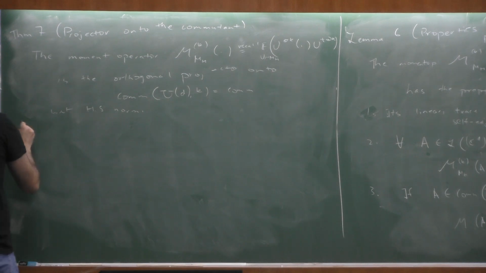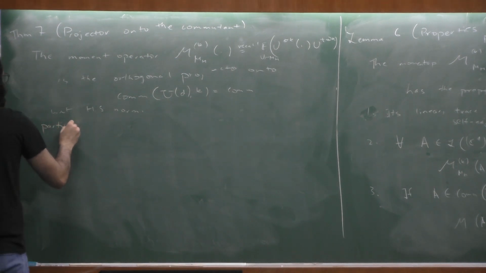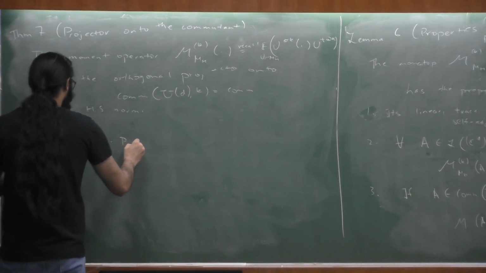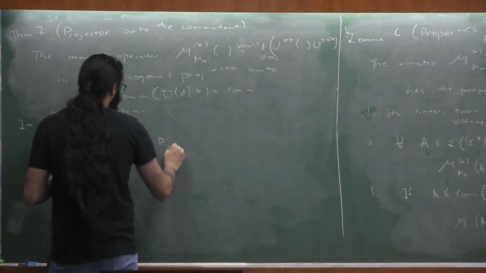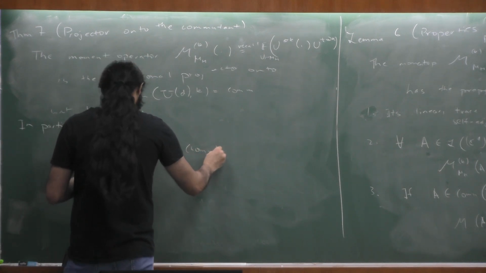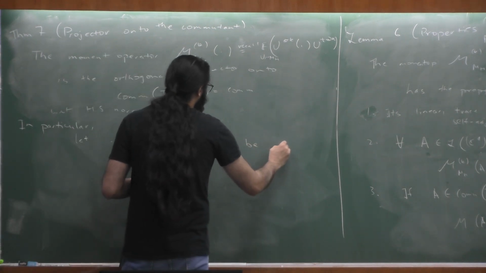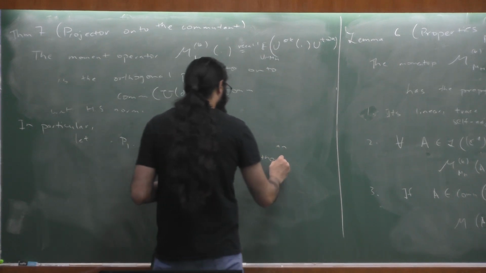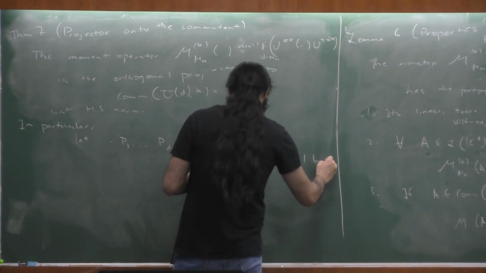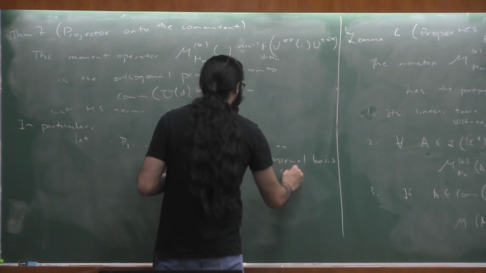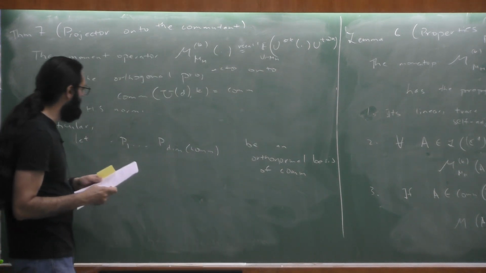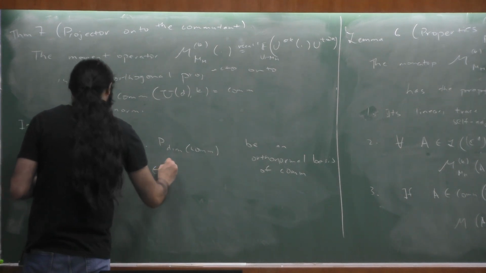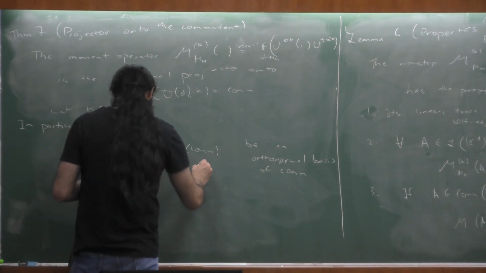Okay, and in particular, suppose P_1 to P_dim(com) be an orthonormal basis of com. So you pick an orthonormal basis here, and you take O to be any linear operator acting on C^d tensor k.